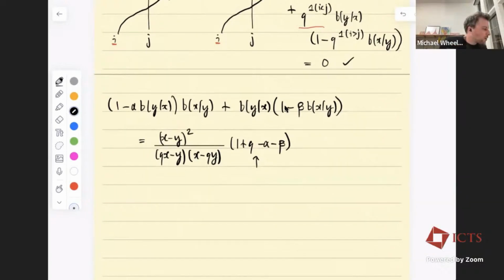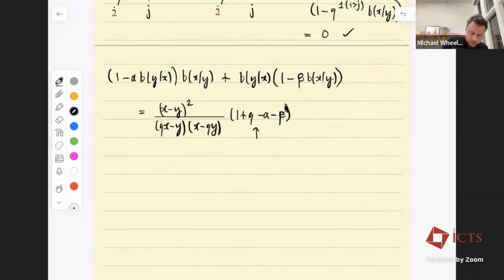Okay. So let's move on. So problem number 3 was to check the Yang-Baxter equation. So it was just in the 6-vertex model case, and a particular component of the Yang-Baxter.